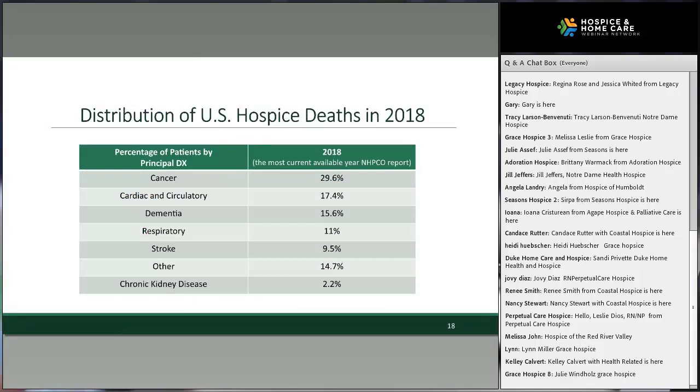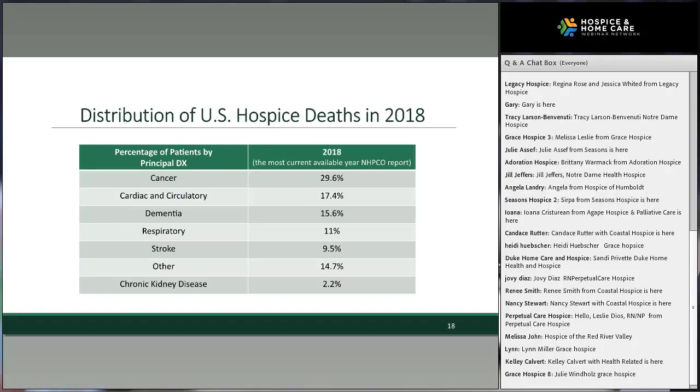So I mentioned earlier that cancer was really the leading diagnosis for why hospice started and the end-of-life care discussions. But what has taken place now is we certainly have other diagnoses that are factoring into how we distribute the U.S. hospice deaths. So looking at 2018, which was the most current available report that I had, and NHPCO every year puts out the statistics, and this is from them.